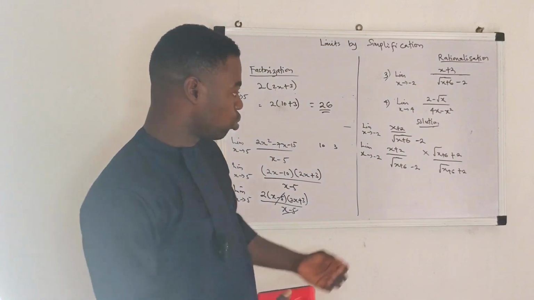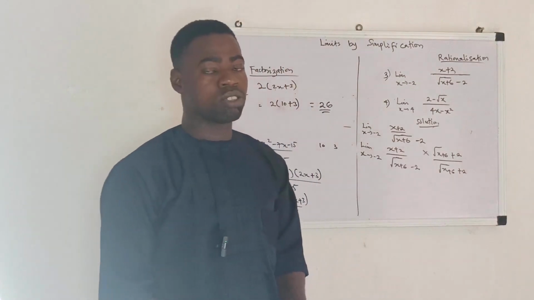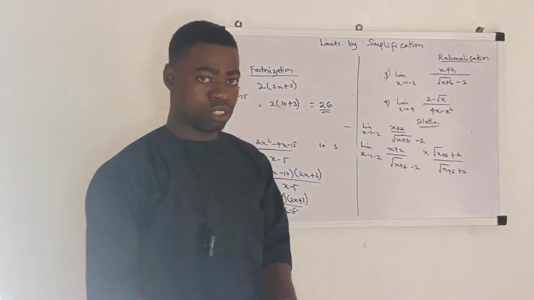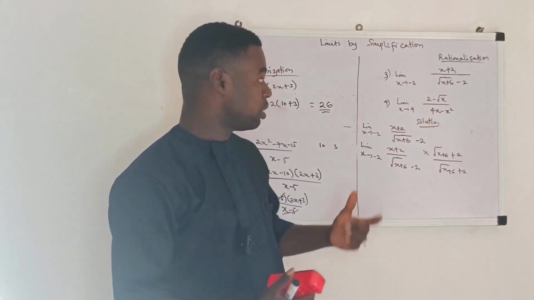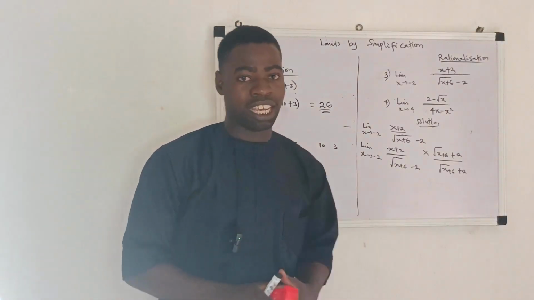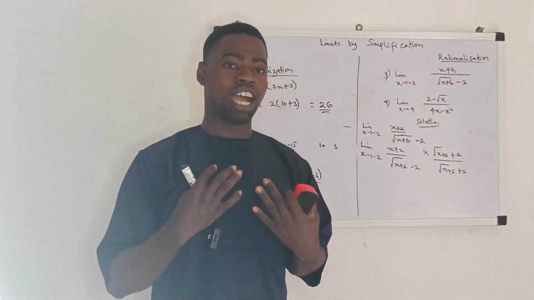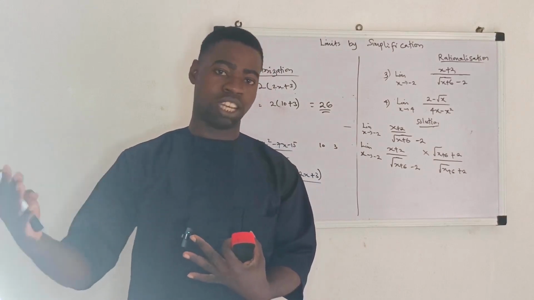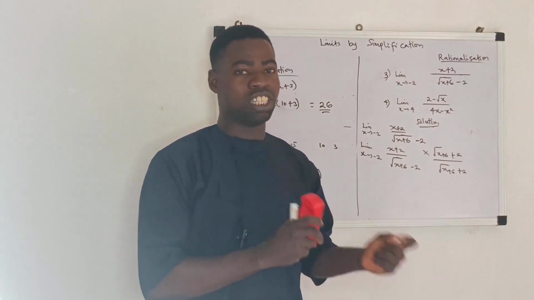So how do we go about this? You may be tempted to take the product of the numerator. There's nothing wrong in doing that, but it's actually a pitfall when you're dealing with rationalization. Every time you want to rationalize, you only take the product of what prompted the rationalization in the first place.